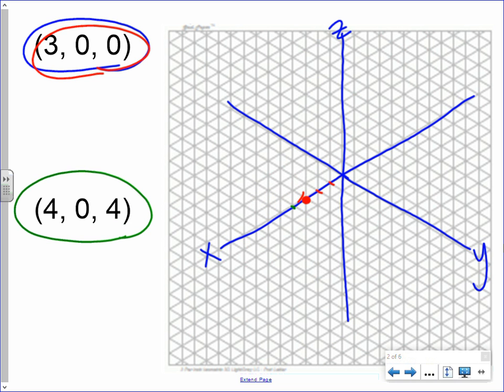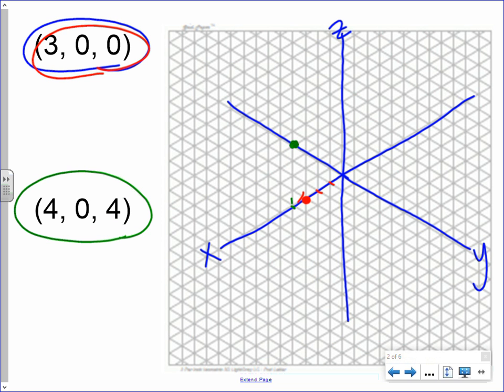But then we have nothing for the y direction, but we have 4 in the z direction. So what I'm going to ask is that you follow these grid marks. So here x is 4, and then if we go up 1, 2, 3, 4. Well, if I put it there, it looks like it's on the y-axis.